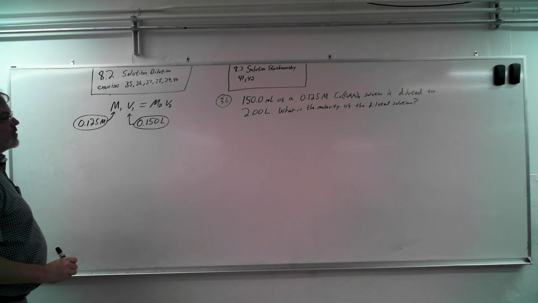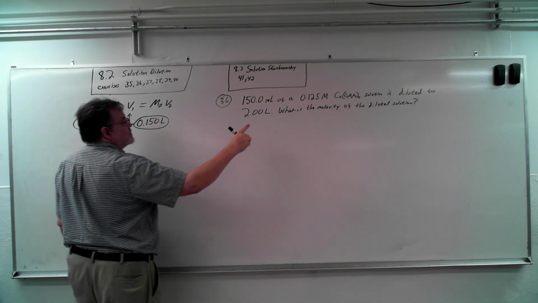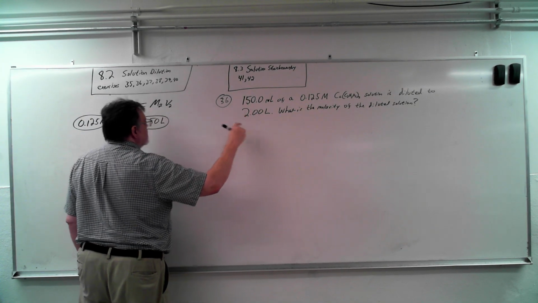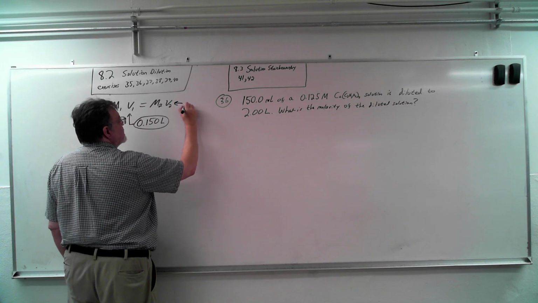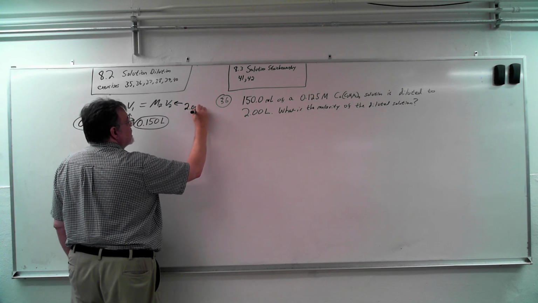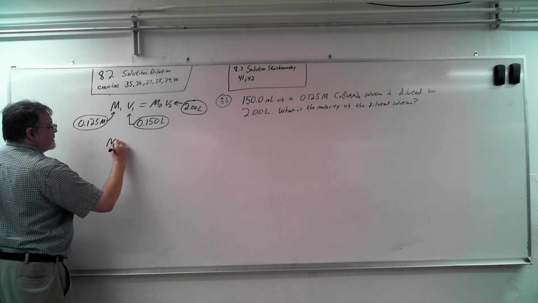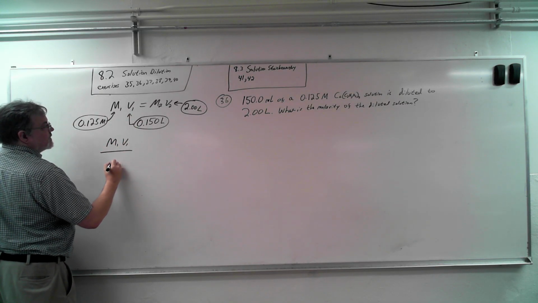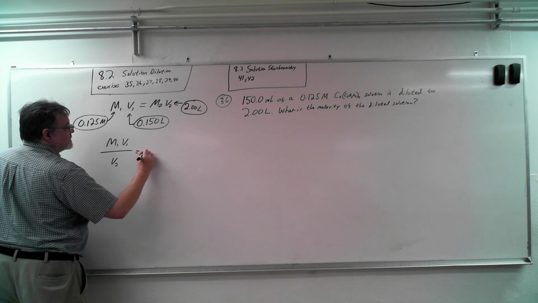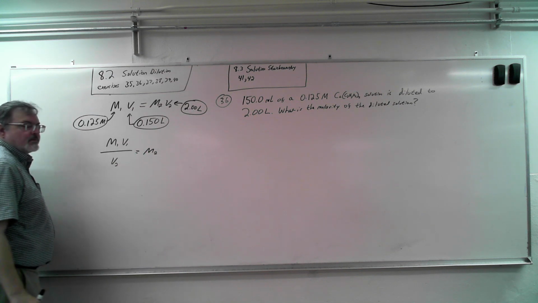We want to know the new molarity. If we dilute 2 liters, then this, and that's it. Divided by V2 equals M2. So we just solve for M2.